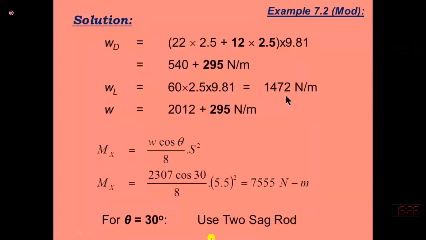Total load is equal to dead load plus live load. We are using service load because we are using the ASD method. In the ASD method, we are not multiplying dead load and live load with any factor of safety. We are just simply adding them up. So the total load is 540 plus 1472, that is the dead load plus live load.